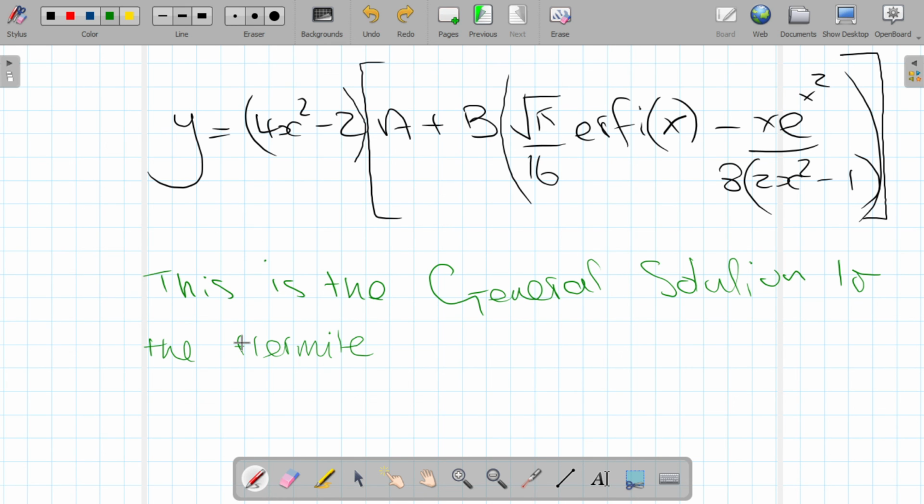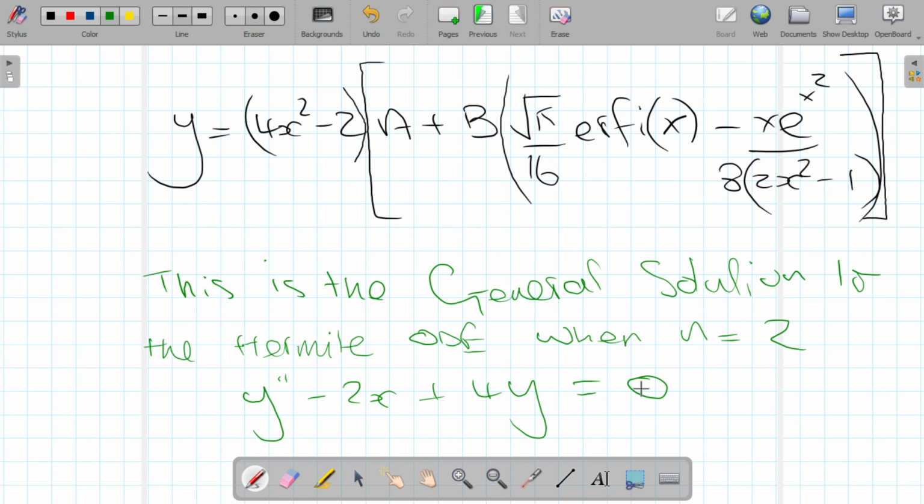I can't get my handwriting decent, can I? Anyway, this is the general solution to the Hermite ordinary differential equation when n equals 2. Namely, y double prime minus 2x y prime plus 4y equals 0. Okay?